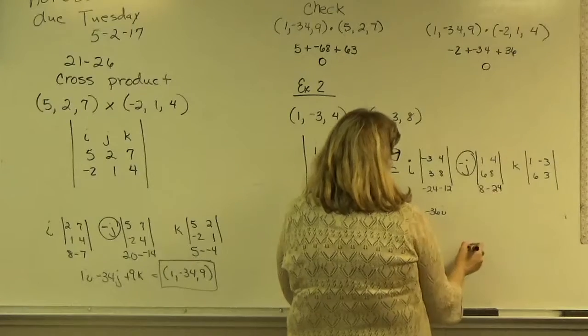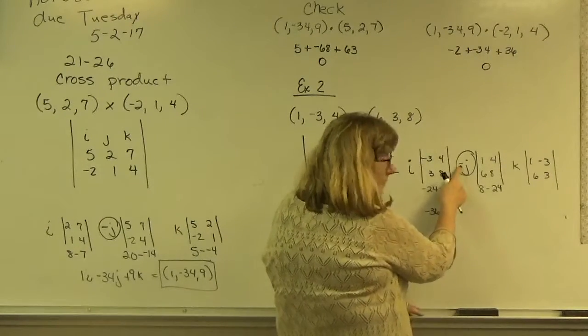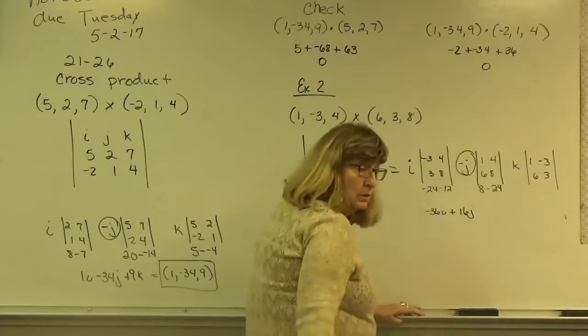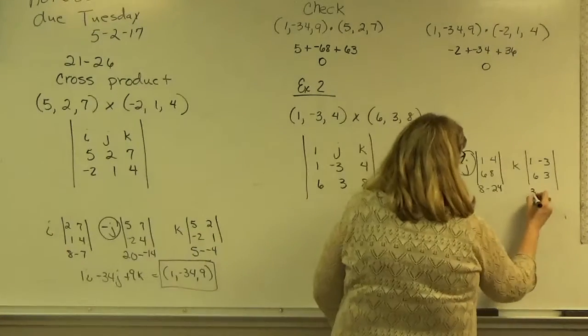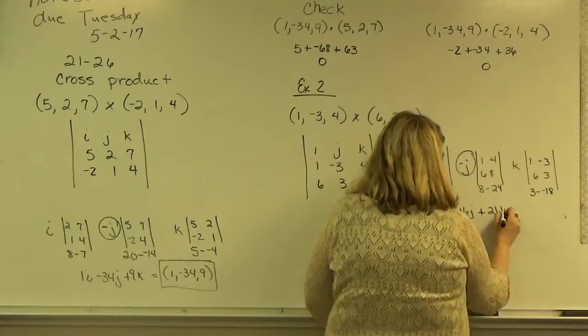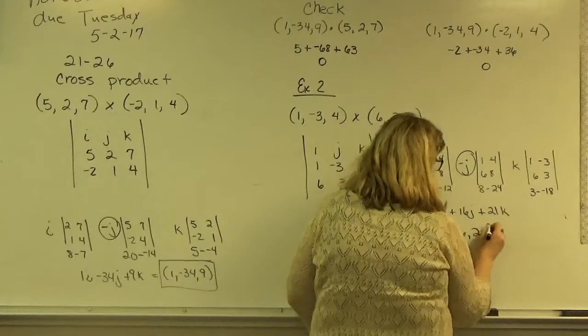So that ends up being negative 16. So negative 16 times the negative j would be a positive 16j. Okay, Taylor, what about the next one? 3 minus negative 18. So that ends up being 21k. So our answer is negative 36, 16, and 21.